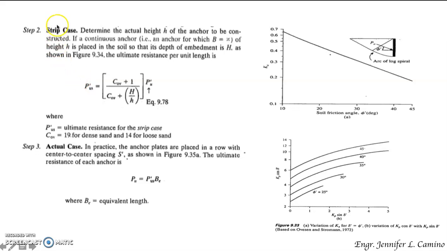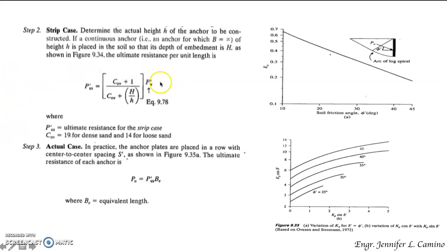And for step 2, the strip case, determine the actual height h of the anchor to be constructed. If a continuous anchor, for example, an anchor for which b is equal to infinity of height h is placed in the soil so that its depth of embedment is h, as shown in our figure 9.34.